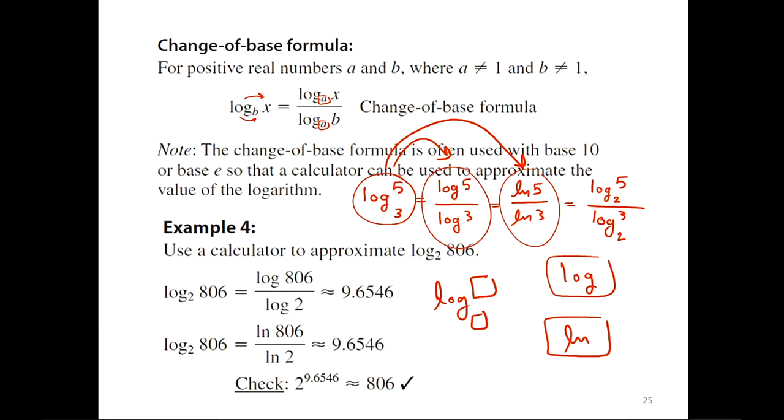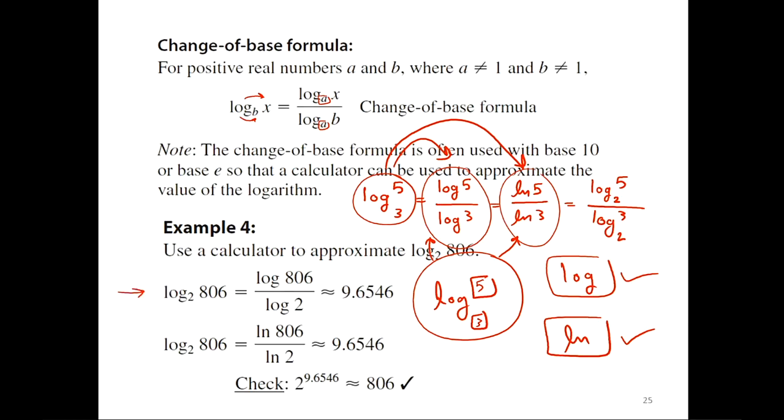Also, in programming languages, some programming languages have this one and this one. They cannot calculate, for example, log 5 to base 3. So we need to use this one or this one. Look at this also.